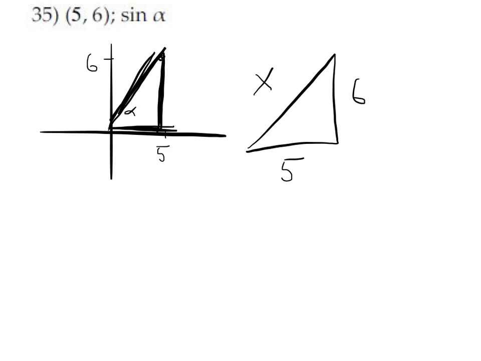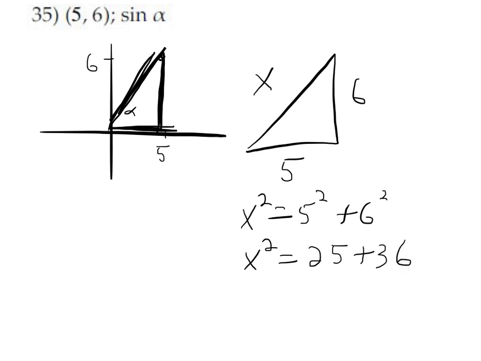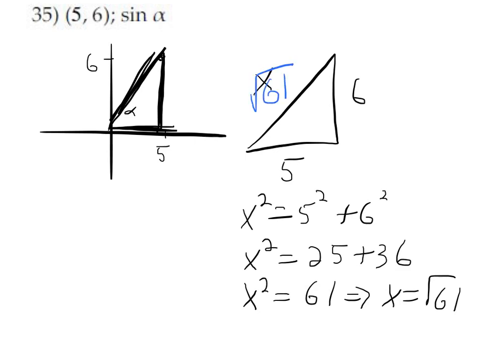Then what is x? We have x squared equals 5 squared plus 6 squared. So x squared equals 25 plus 36, so x squared equals 61, giving us x equals square root 61. So we can put this up, square root 61, by alpha.